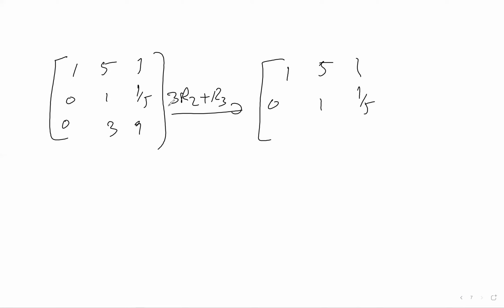And then we multiply this by 3 and add it to row 3. The first entry will be 0, because multiplying 0 by anything is 0, and then we have 3 plus minus 3, which is 0.